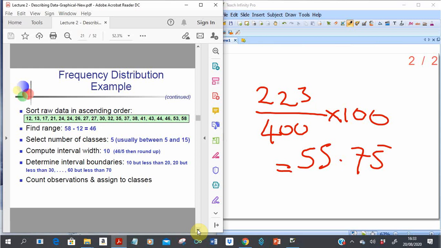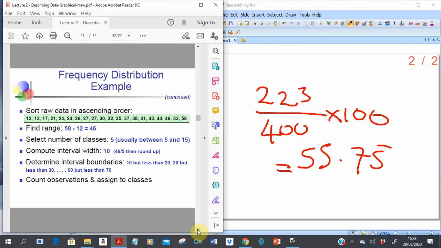You have to make sure that you have your calculator beside you. Okay, so that is the 46, and we've been taught to use 5 as our number of class intervals.